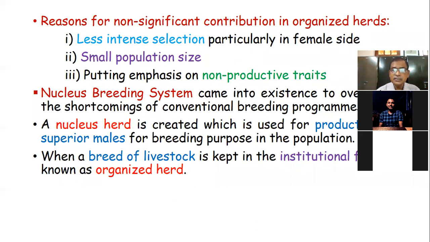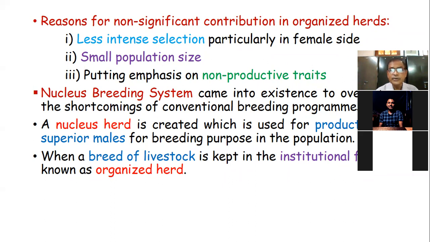If there are 100 cows in the farm, only 10 to 15 cows will be allotted to this particular breeding program, that is the nucleus breeding system. Whatever male calves are produced from these 15% cows will be maintained and raised to be bulls for reproduction purposes.